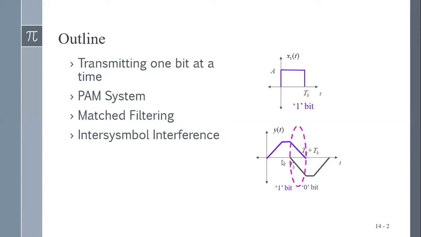If I am transmitting two bits one after another, then they can overlap in this region. This overlap is known as intersymbol interference. Both these symbols are interfering with each other. That means interference between two symbols is known as intersymbol interference.